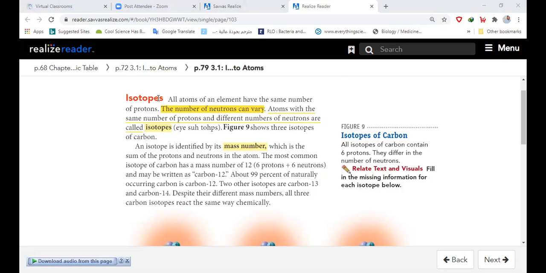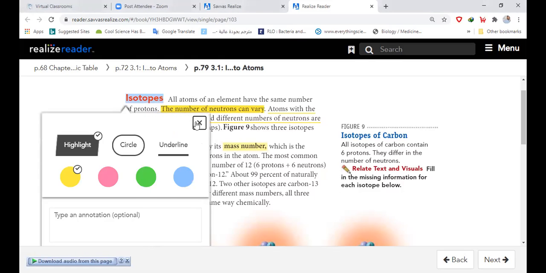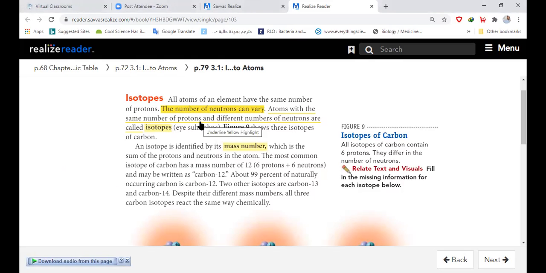Isotopes. All atoms of an element have the same number of protons. The number of neutrons can vary. Atoms with the same number of protons but different numbers of neutrons are called isotopes.